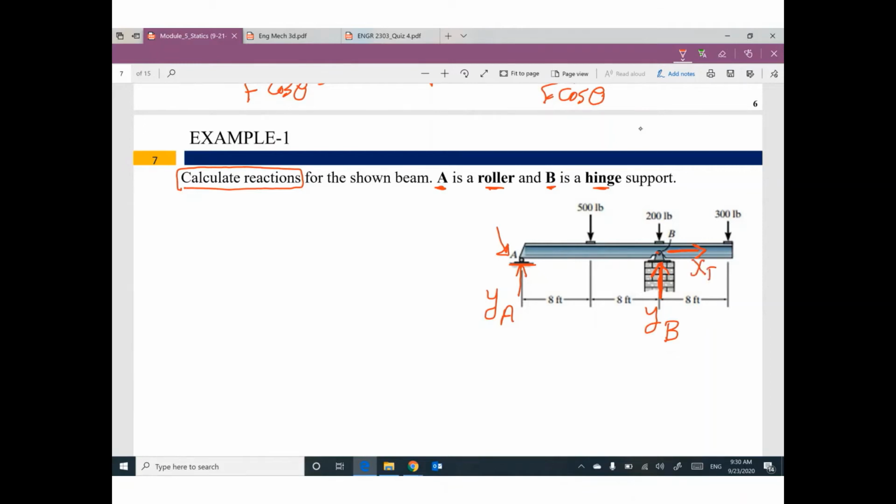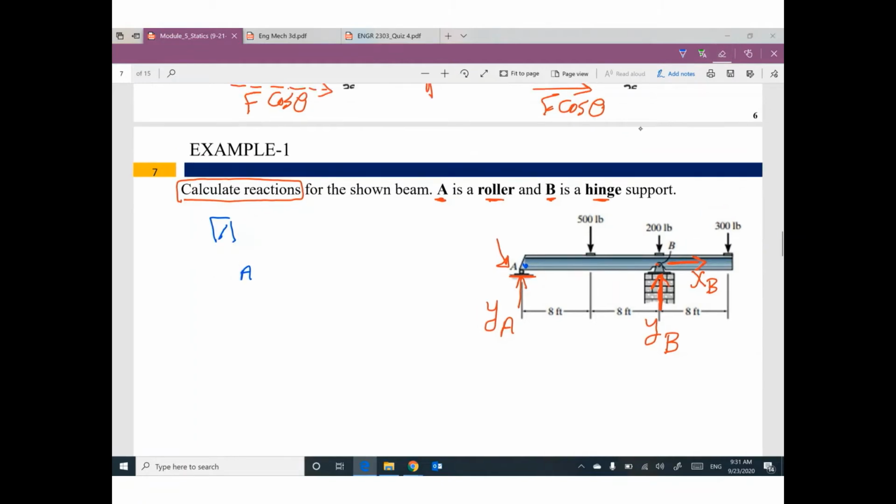So guys, your labels for reactions can be done like this. If you are talking about a horizontal reaction, I'm going to label it X. If you are talking about a vertical reaction, I'm going to label it Y. Then at what point? If you are talking about point A, it will be YA or XA. Did you understand how we can label the reactions?